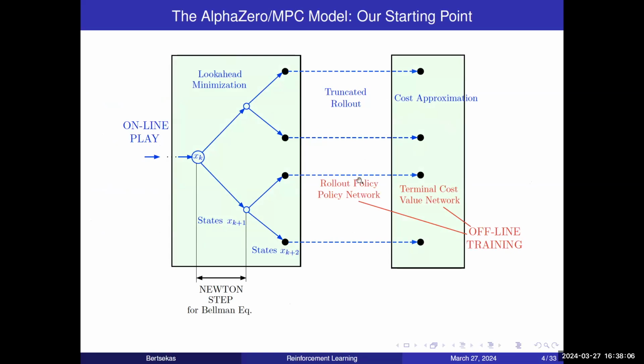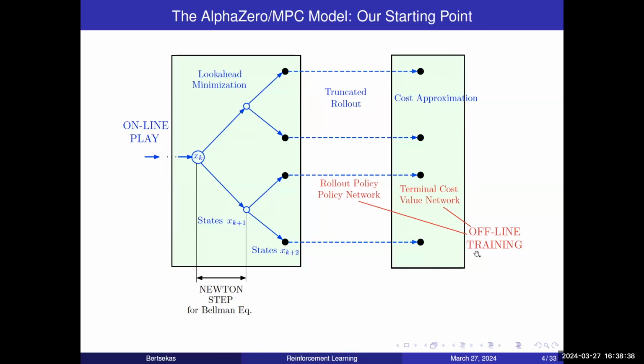It is composed of two essential elements, which we refer to as offline training and online play. They can be designed or implemented to a large extent independently. And there is a lot of flexibility to modify this architecture by including some additional ingredients or removing some of the components, and so on and so forth.